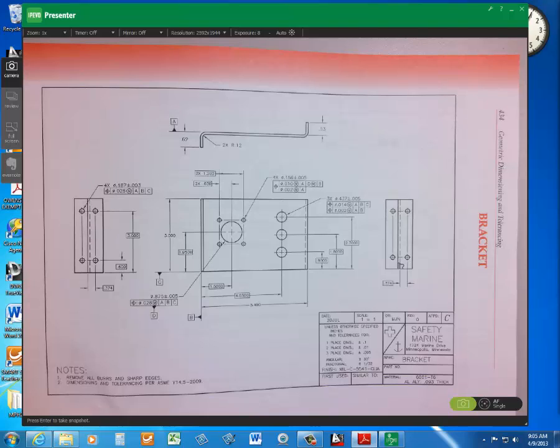All right? So it goes all the way up to then what? What is our positional tolerance for 0.880? 0.038. Okay, 38 thousandths. So that hole is allowed to be located in a larger diameter tolerance zone.